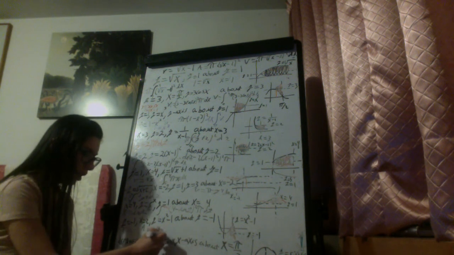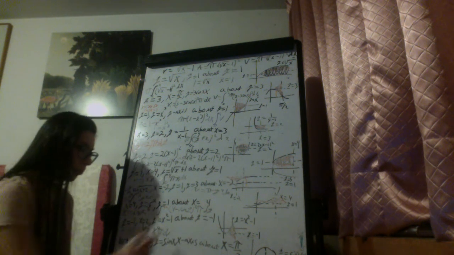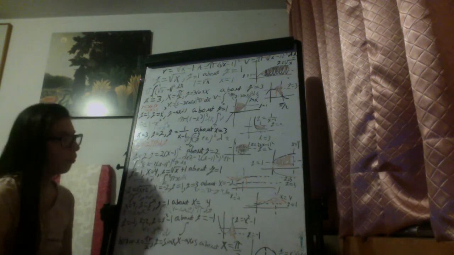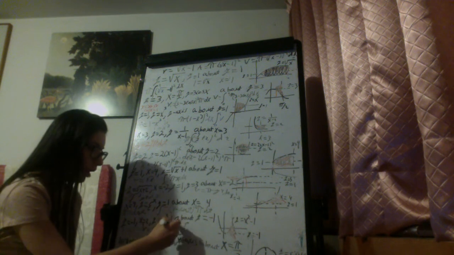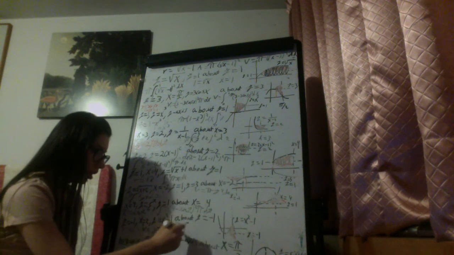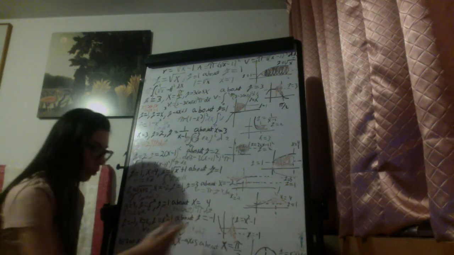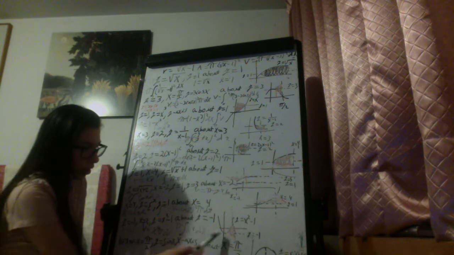The volume of each disc will be this times delta x, and the volume of our solid will be pi times the integral of x to the 4 dx. Now the limits of integration go from here to here.